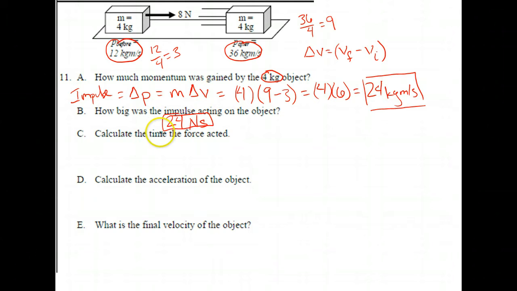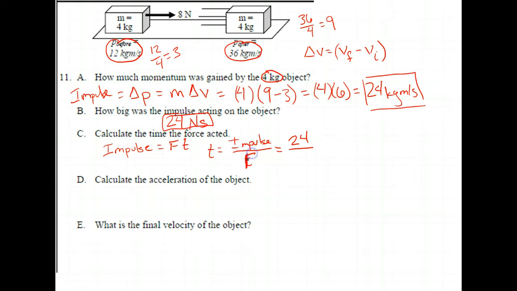All right, now calculate the time the force acted. Well, how would we do that? Impulse is equal to Ft. So t equals impulse over force. And your impulse we calculated at 24, and the time is, sorry, not time, force.